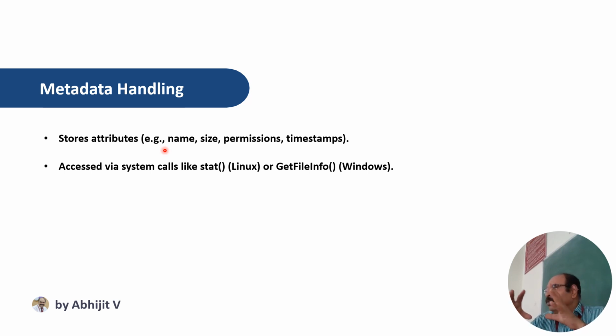An operating system will have multiple users. And we have seen the last modified access. So metadata can be accessed via system calls, like in Linux we have stat, and get file info in Windows, and so on.